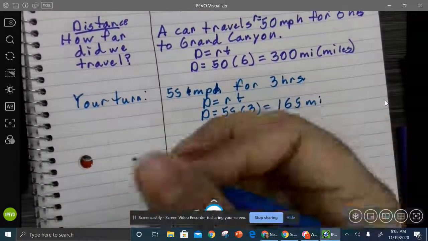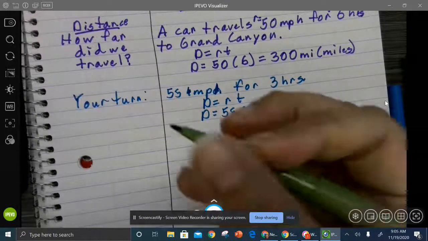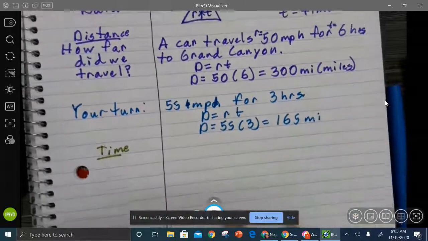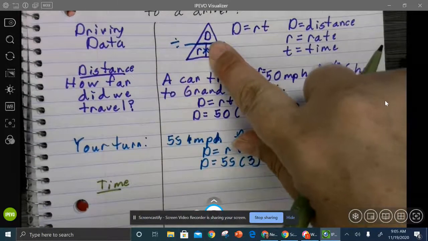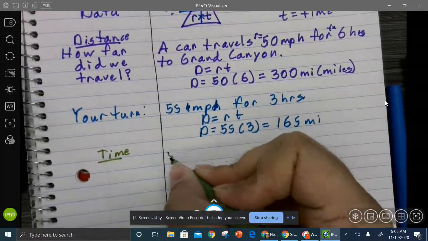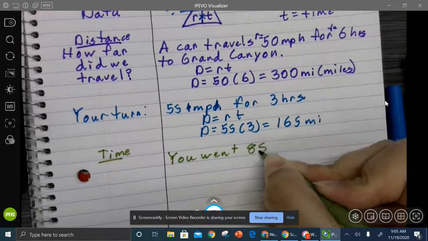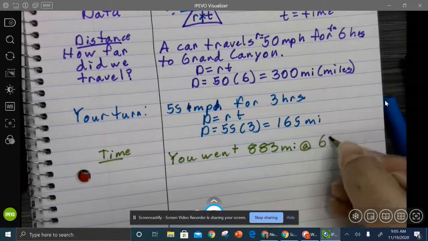Okay, what if we were solving for time? If we need to solve for time, everybody, it's going to be distance divided by the rate. So you went 838 miles at 60 miles per hour.